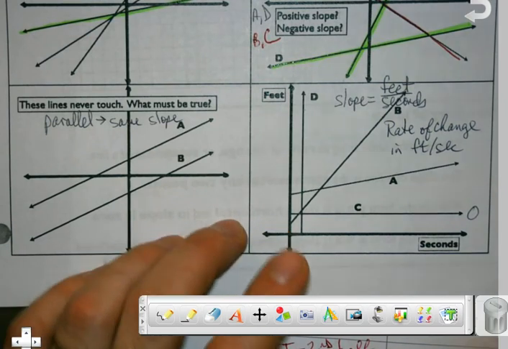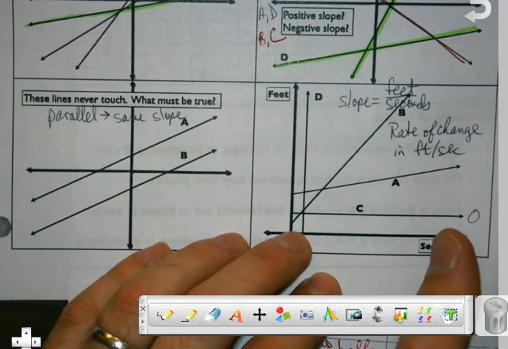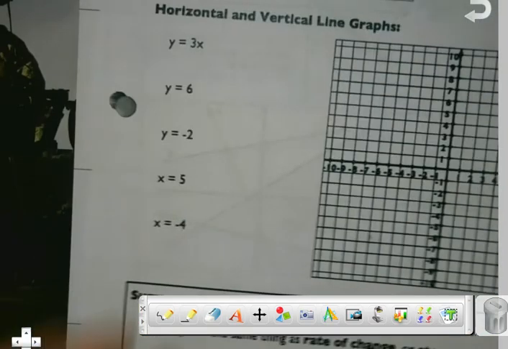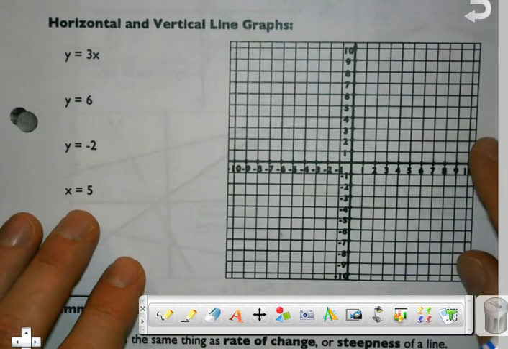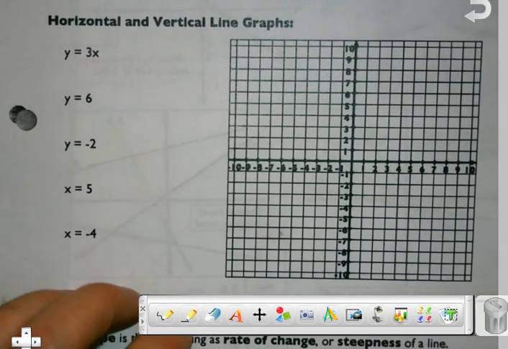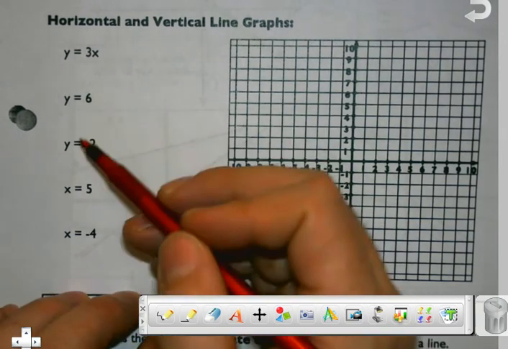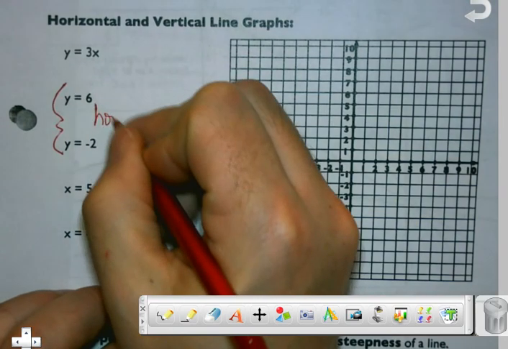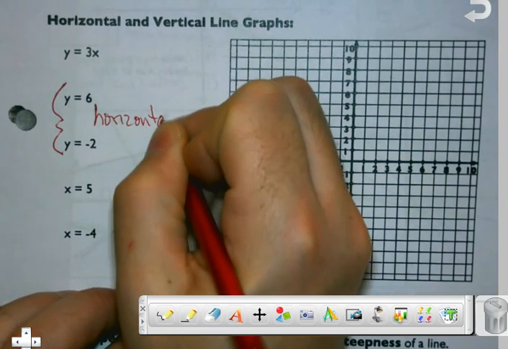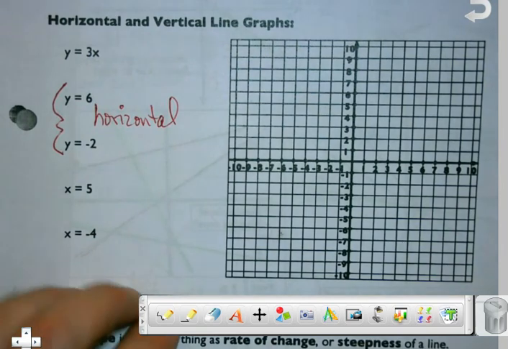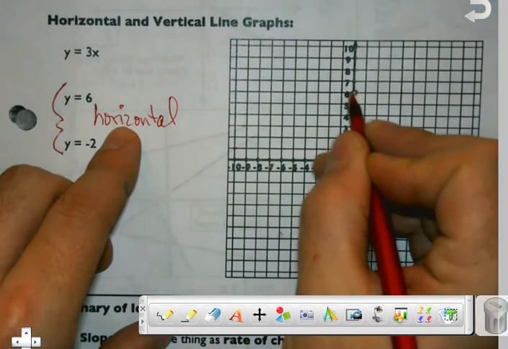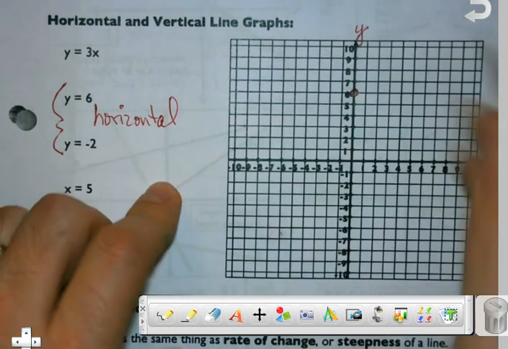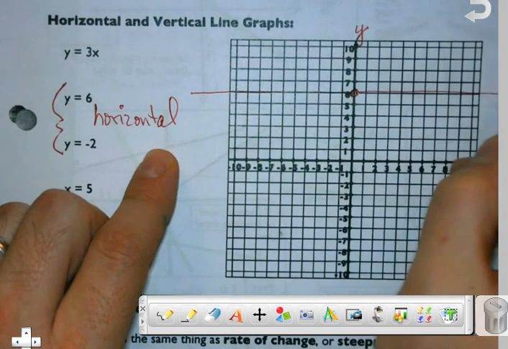Okay? That kind of comes into play when, if we flip over, I come down here to this one towards the bottom where it says horizontal and vertical graphs. When I go to graph these, I'm going to start with the bottom 4 here. These 2 that say y equals. Whenever you see y equals just a number, I'm going to look to where y is 6 on the y-axis here, and then I'm going to draw a horizontal line through there.